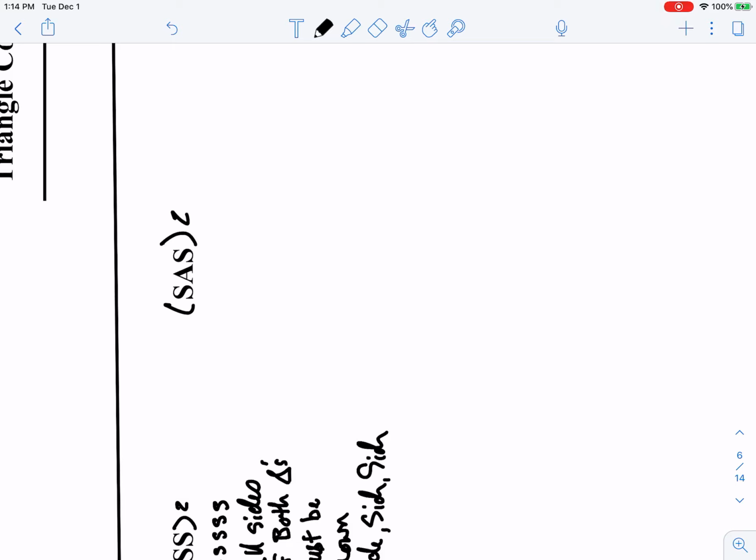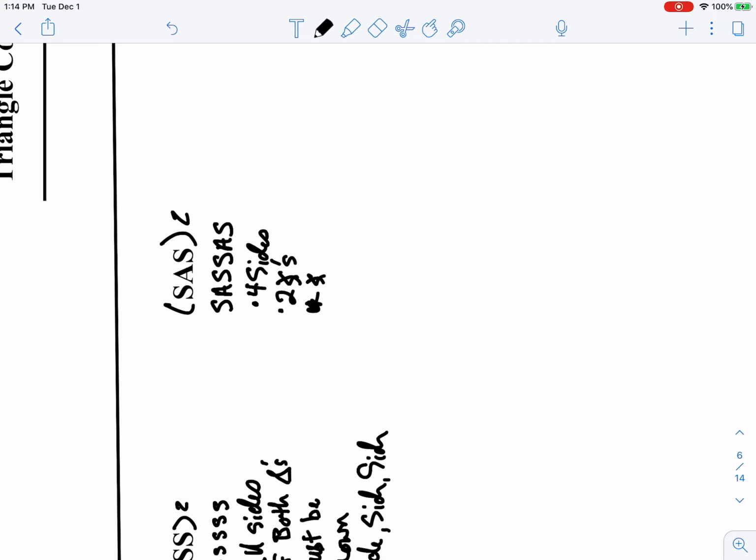Now, side, angle, side, I'm going to do the same thing. SAS times 2. So I would get essentially side, angle, side, side, angle, side, which means I must know 4 sides and 2 angles. But something that's extremely important here is that the angle you know must be in between.